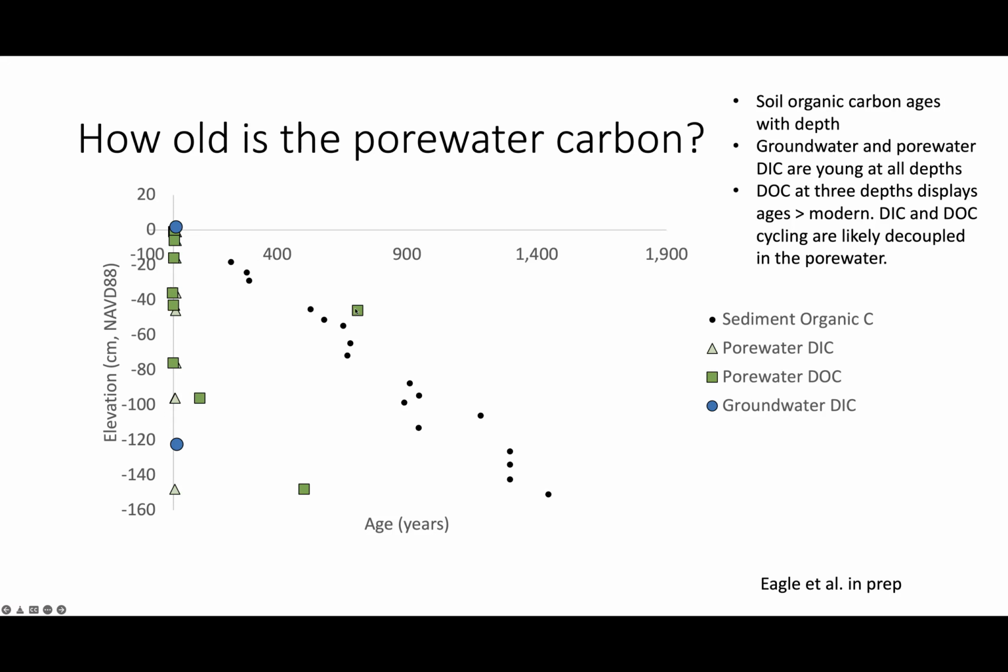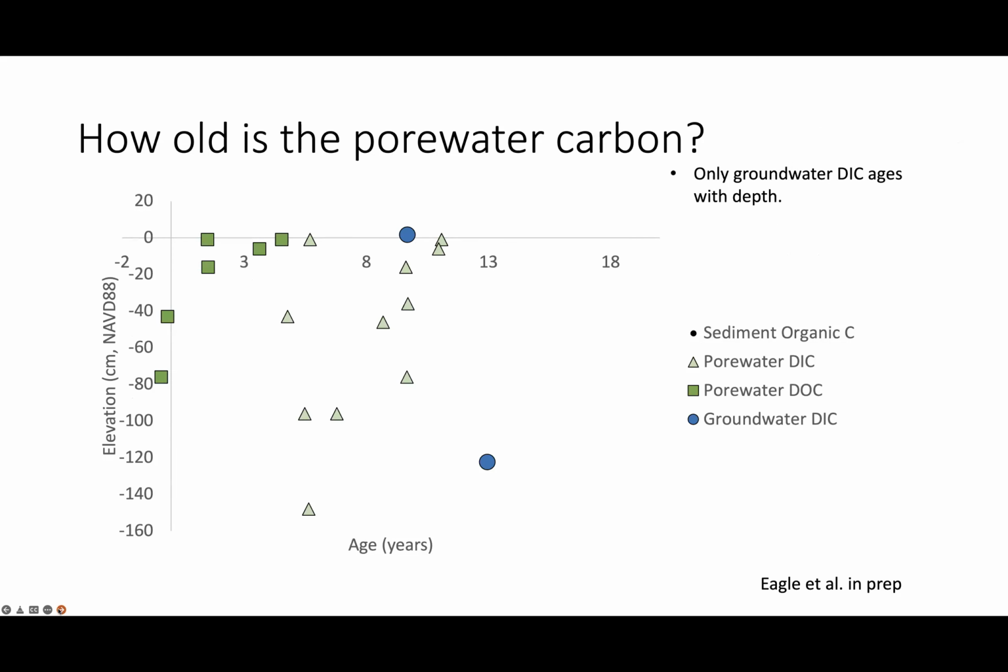But there are several places where Porewater DOC actually does have a higher age than modern. And then these two groundwater ones, collected at that groundwater well, are also modern. That suggests there's a decoupling between the soil organic carbon source at depth and the dissolved carbon at that same depth.